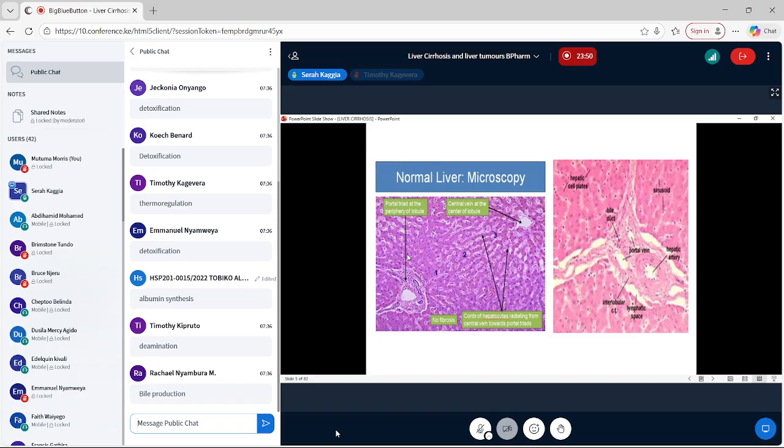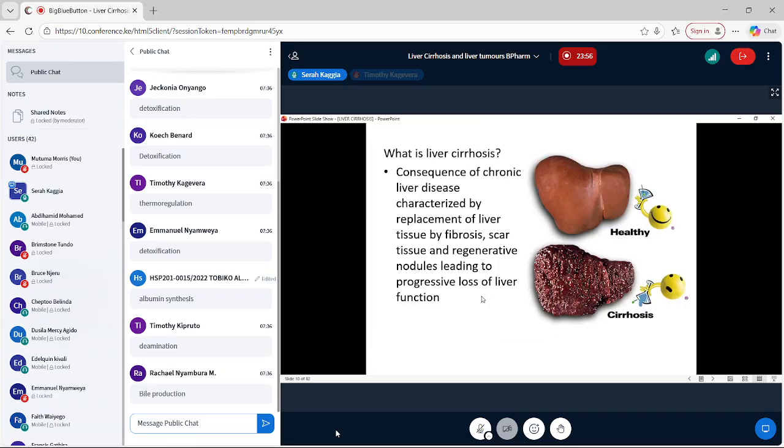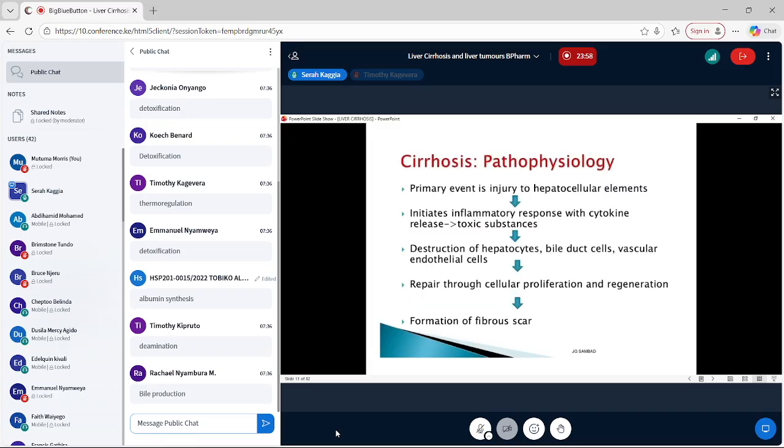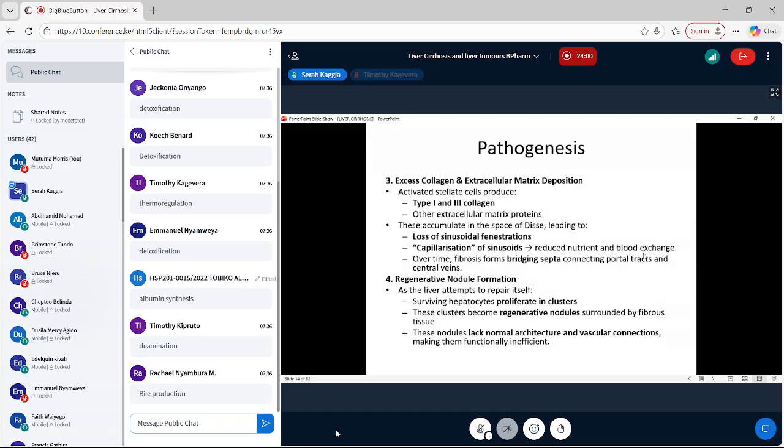All this gets disoriented because now you're laying down different types of fibrous septa. Okay. And that's what happens with liver cirrhosis. So you have that bridging, connecting portal tracts to portal tracts, and to the central vein, different connections. This is very important because that's the basis of liver cirrhosis.